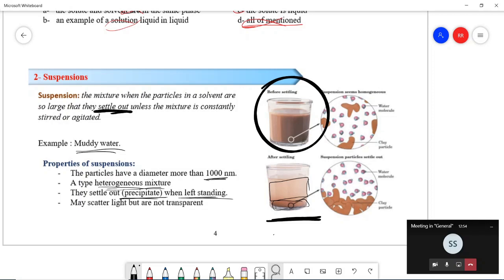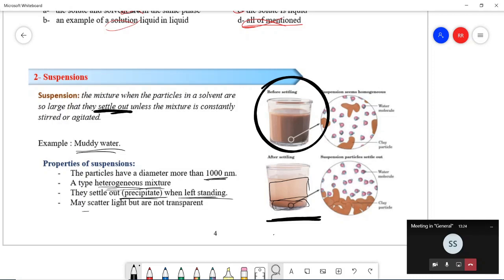When you leave it for a day or two and come back to the container, you can see there are some particles left at the bottom. It means that those particles don't dissolve. Sometimes they can dissolve if we leave them, but if they cannot dissolve at all, even if we stir it, then that mixture becomes a suspension.